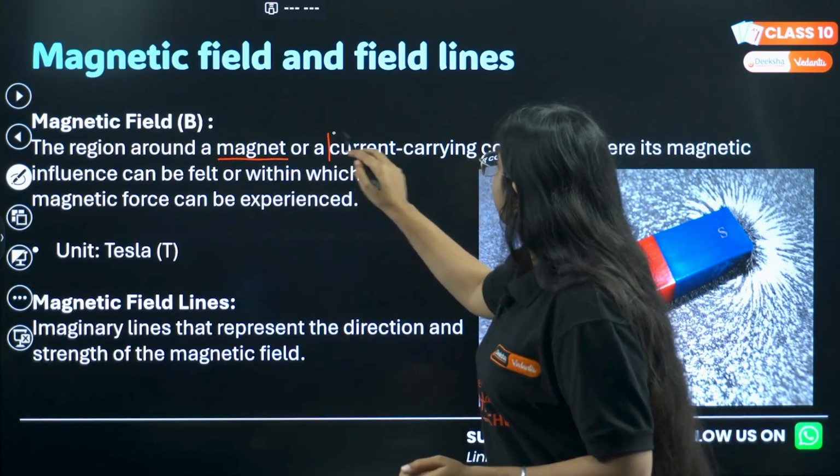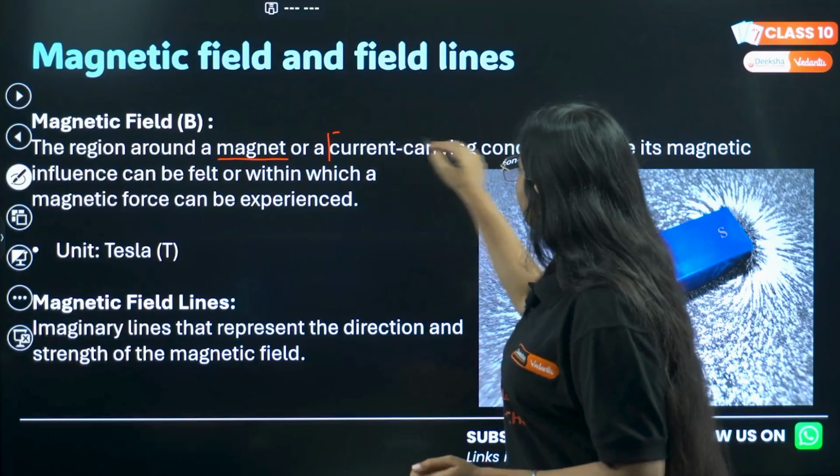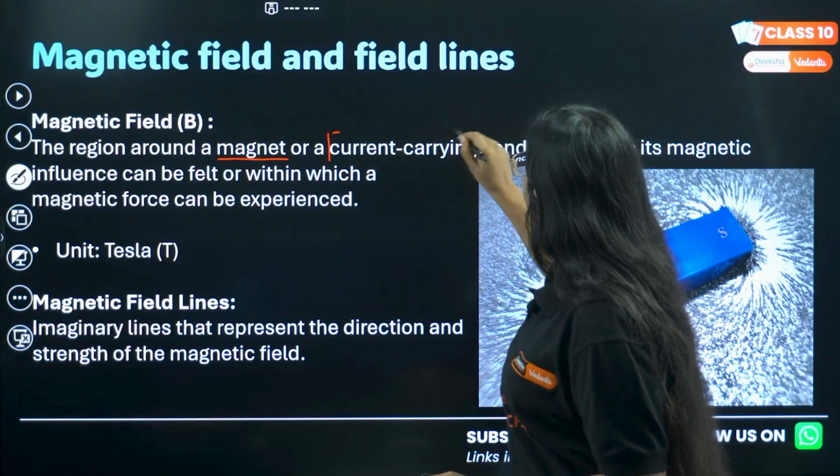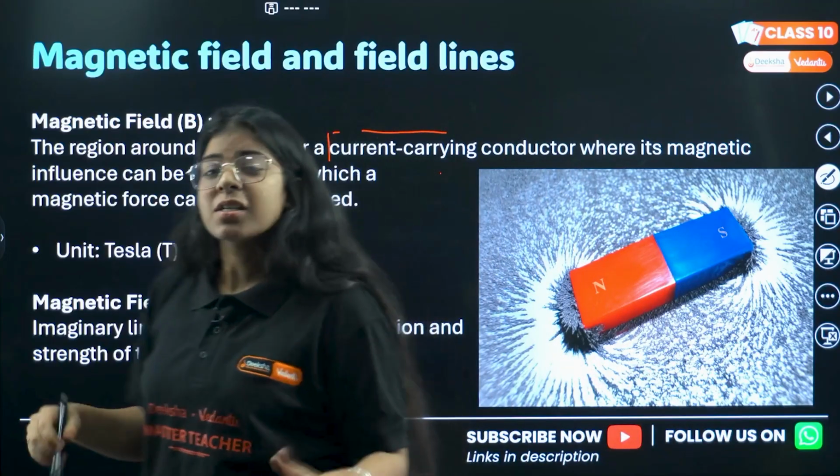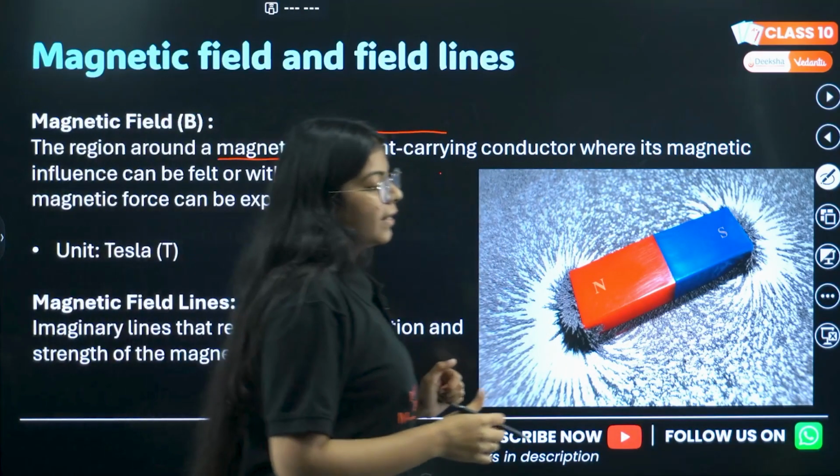So the magnetic field is the region around a magnet. Ignore this part for a while, we'll come back to this later. Why is it not working? We'll come back to this later, why we've written current carrying conductor.